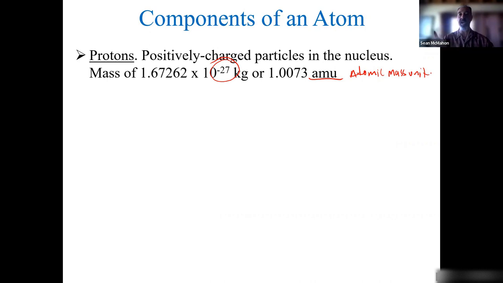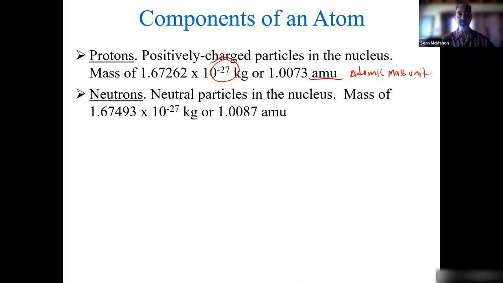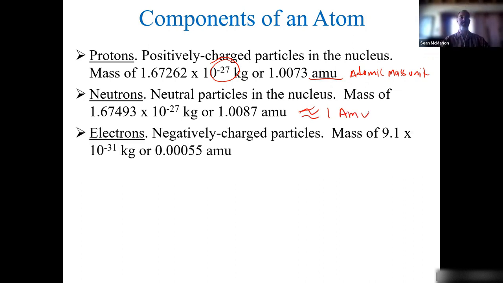So a proton's mass is 1 AMU. A neutron's mass, again, is 1.67493 times 10 to the negative 27 kilograms, or 1.0087 AMU, or we could say it's roughly 1 AMU, atomic mass unit.